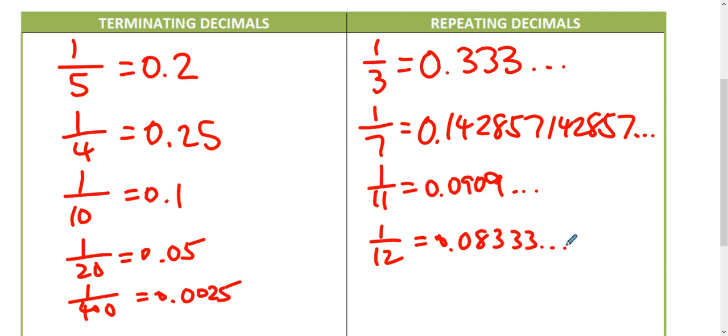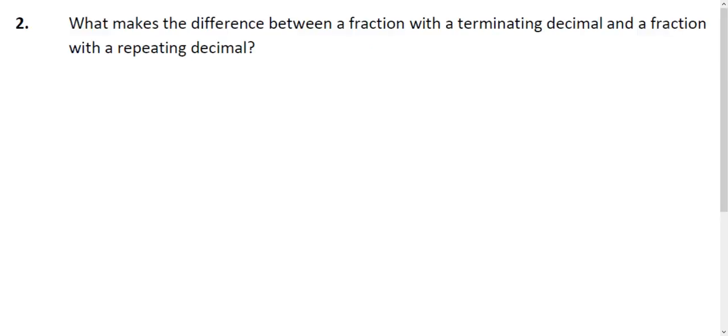So what makes the difference? Why do these numbers give us decimals that stop while 3, 7, 11, and 12 don't? What makes the difference?